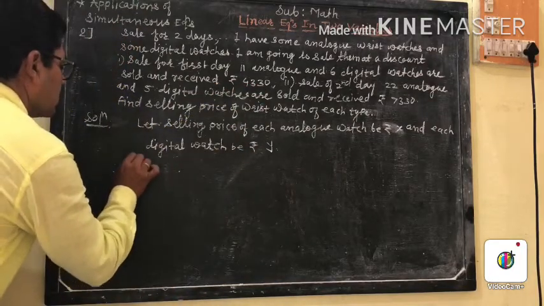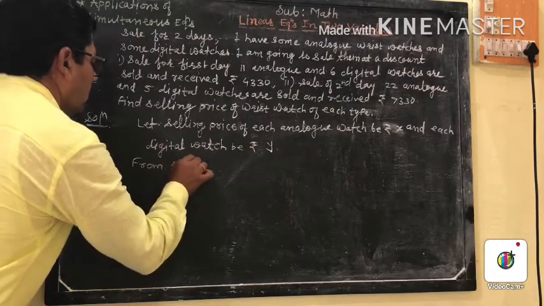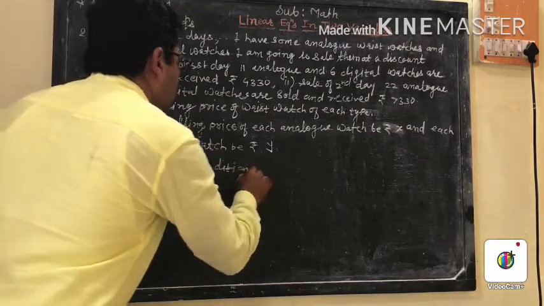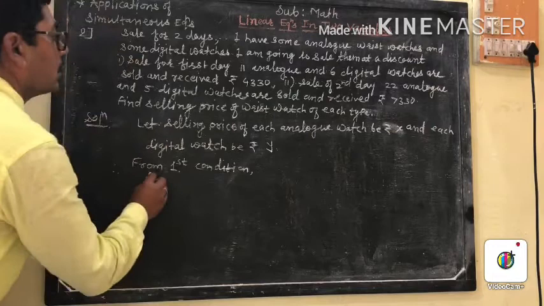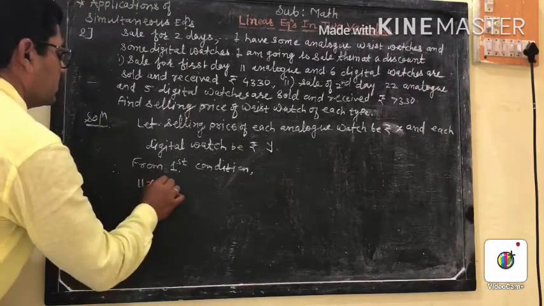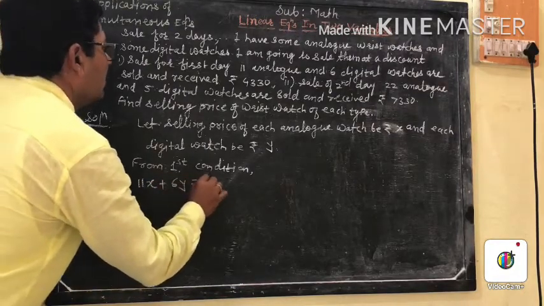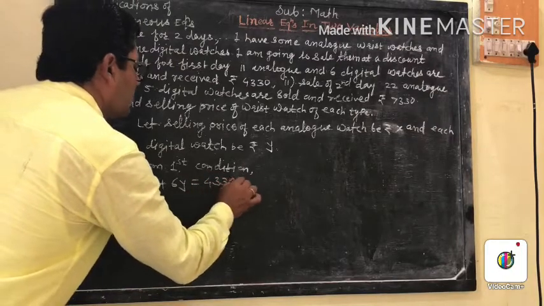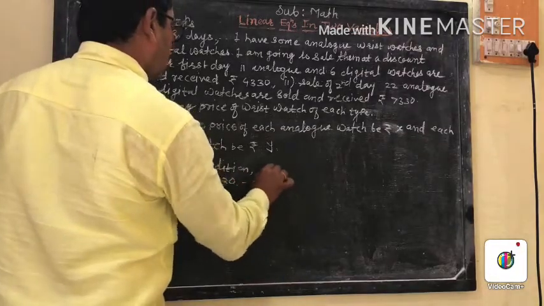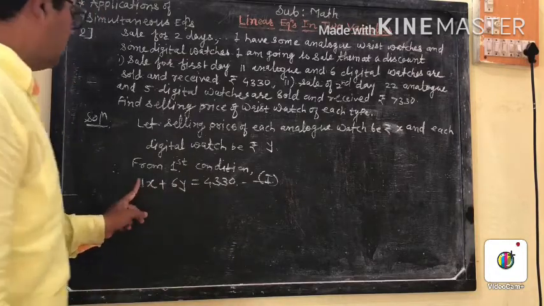Therefore, from the first condition, 11X rupees plus 6Y rupees is equal to 4,330 rupees. This is the first equation. You cannot divide by any number because 11 is a prime number here.